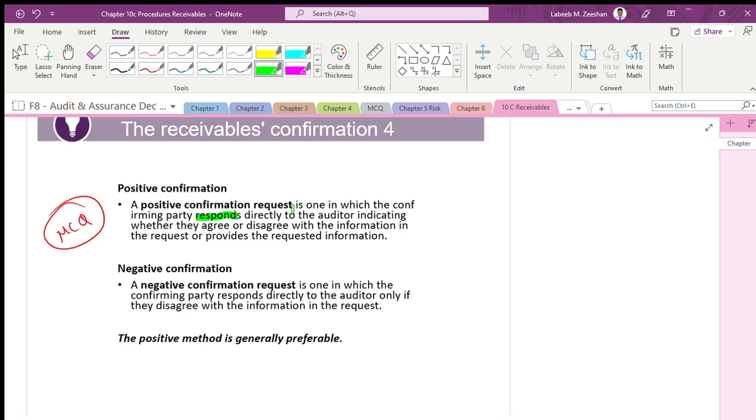They say yes, fine, they agree, or they disagree. They will respond with the information in the request or provide the requested information. They will respond whether they agree or disagree. What is the negative confirmation? They will respond directly only if they disagree.